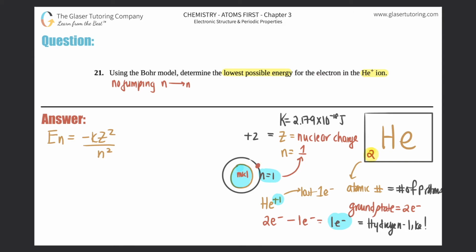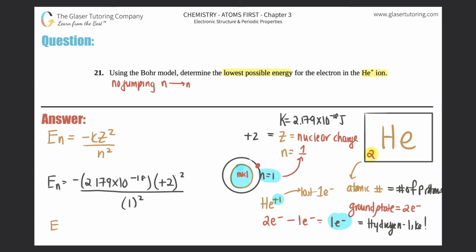Now I have everything, so I could just plug it in. En equals negative 2.179 times 10 to the negative 18th joules times z, which was a plus 2 squared, all over 1 squared. And now we just got to solve.